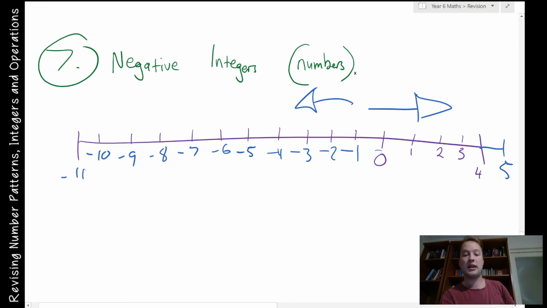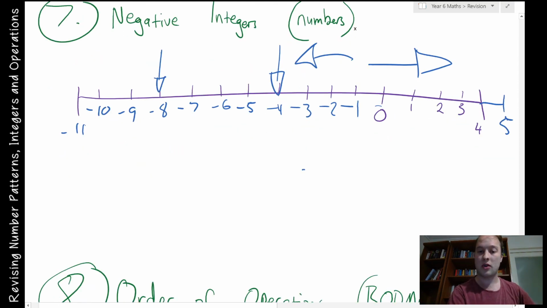So you can see on this that if I want to compare -8 and -4 as an example, -4 is bigger than -8 because it's closer this direction. Whatever's that way is a bigger number.